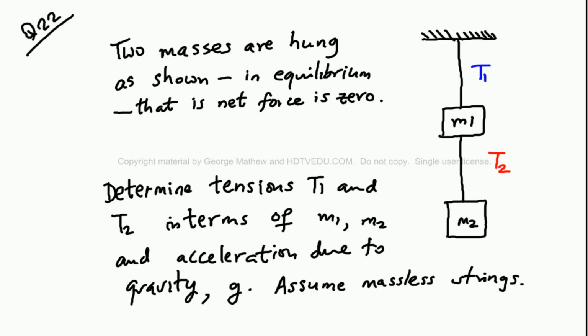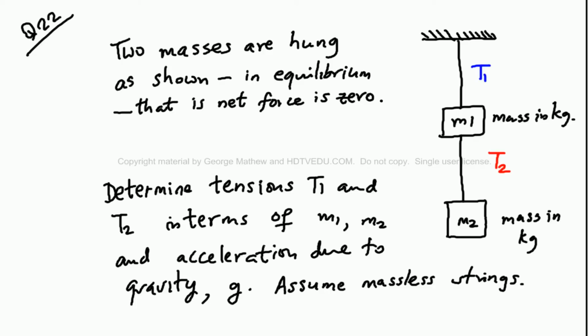M1 is the mass in kg and M2 is the mass in kg. So we have to determine tensions T1 and T2 in terms of M1, M2, and G.